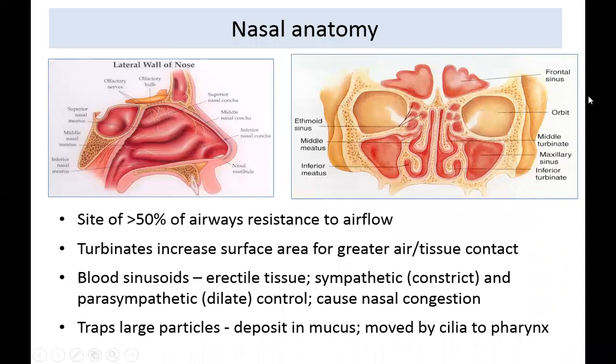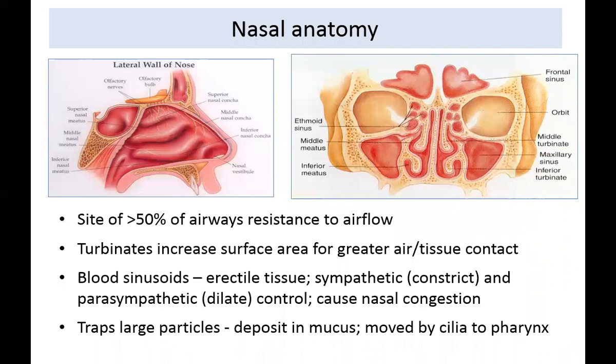So these sinusoids in these turbinates and in the septum are erectile. They can be constricted by alpha adrenergic receptors, so sympathetic input can constrict these, and they can be dilated by parasympathetic. They can also be dilated in colds and things like that.